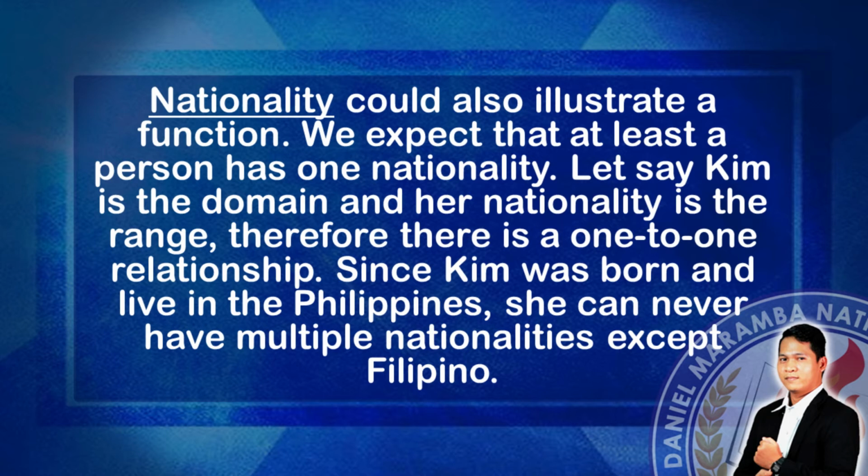We expect that at least the person has one nationality. Let's see from the previous scenario, Kim is the domain and her nationality is the range. Therefore, there is a one-to-one relationship. Since Kim was born and live in the Philippines, she can never have multiple nationalities except Filipino.